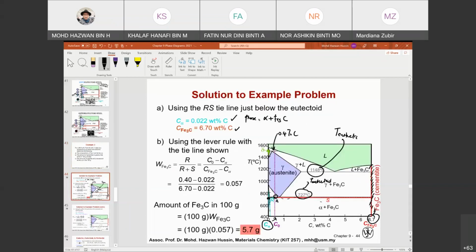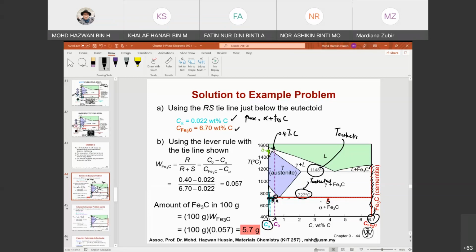To answer this question, once you have identified point A, the same thing, we apply the tie line. You have one over here equals to R, and another line equals to S. The line from A until the solidus line of alpha is R, and the line from A until cementite is S.